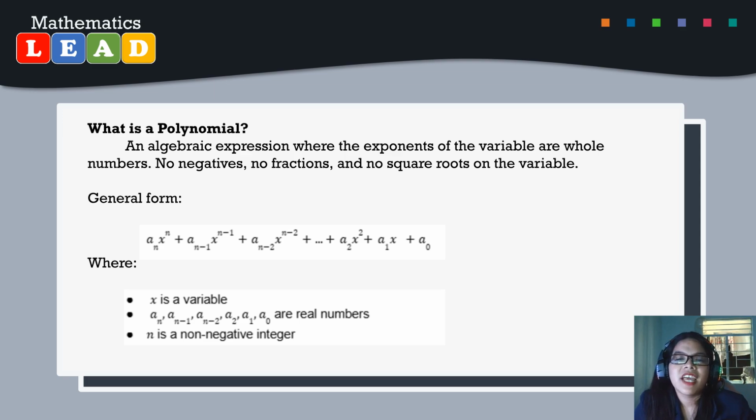Its general form is a sub n times x to the n plus a sub n minus 1 times x to the n minus 1 plus a sub n minus 2 times x to the n minus 2, and so on, plus a sub 2 x squared plus a sub 1 x plus a sub 0, where x is a variable, a sub n, a sub n minus 1, a sub n minus 2, a sub 2, a sub 1, a sub 0 are real numbers, and n is a non-negative integer. So if an expression breaks any of these conditions, it is not a polynomial.